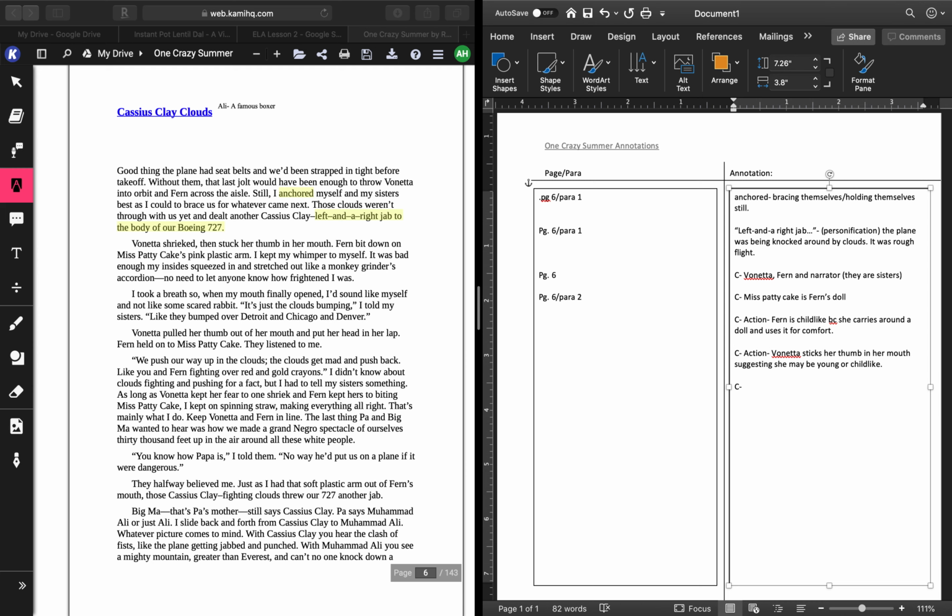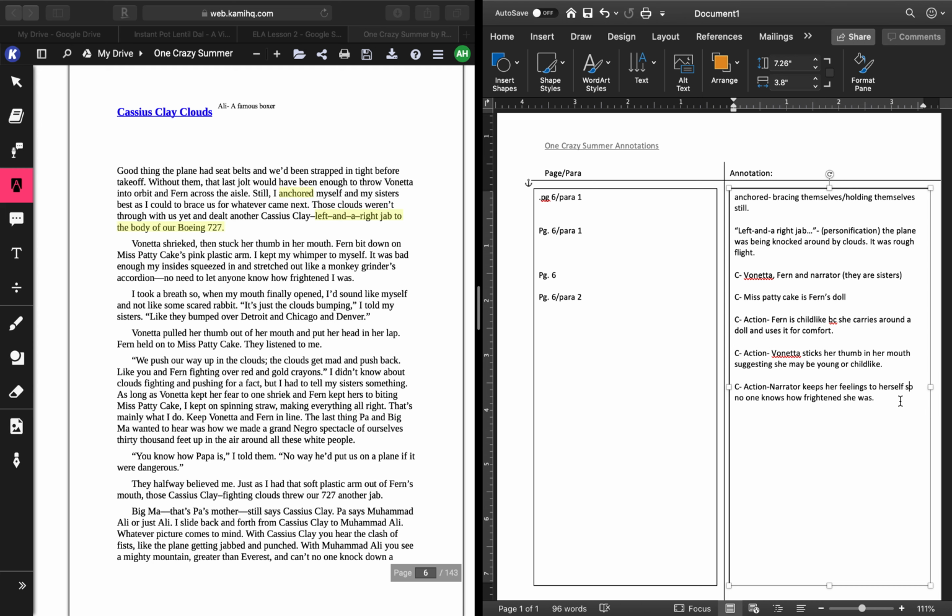So with her keeping her whimper to herself, it suggests this is her action as well. So let's start with that. It's her action. Our narrator, we don't know her name yet, keeps her feelings to herself. So no one knows how frightened she was.